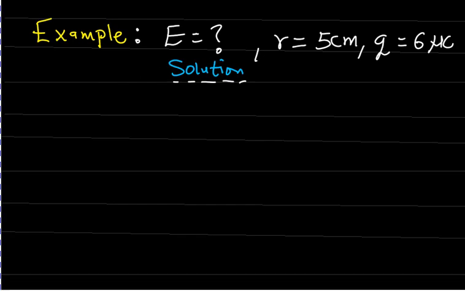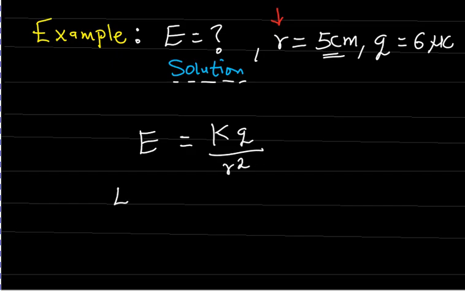As you can see, in this case we are to calculate the electric field, and the distance from the charge where we are calculating the electric field has been given. This is a positive charge. So the formula of electric field we are going to use is the one that has distance, which is given as KQ over r squared, if you can still remember.